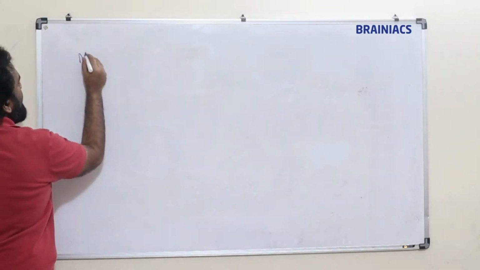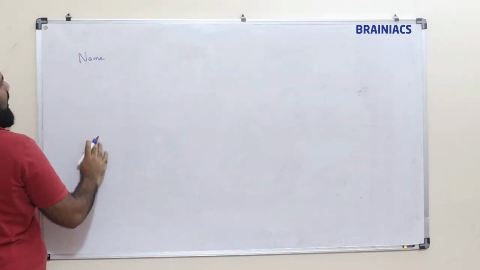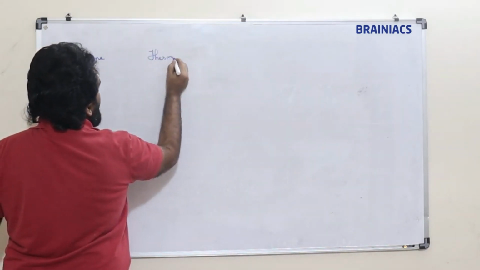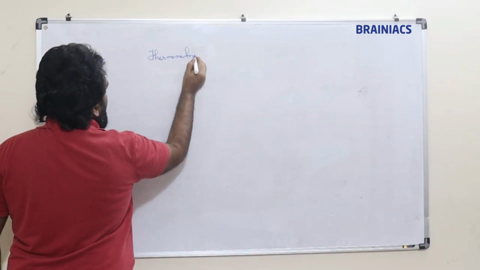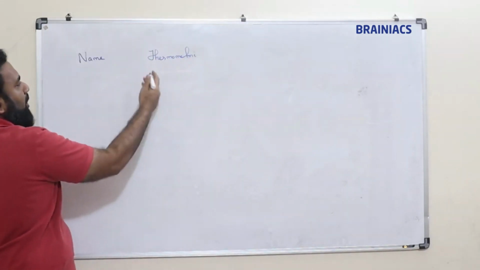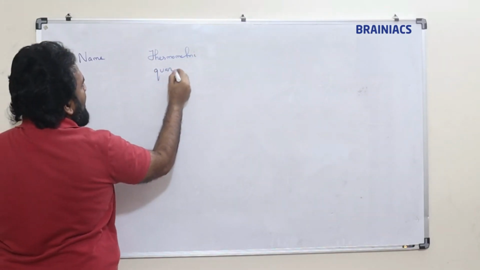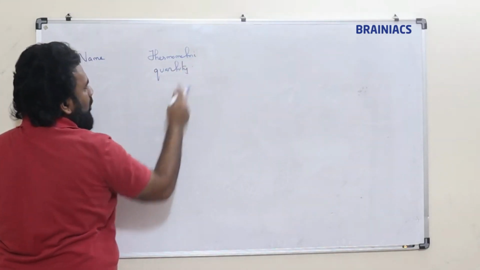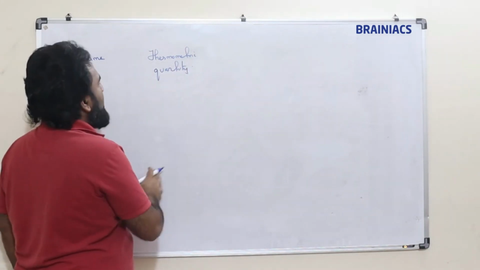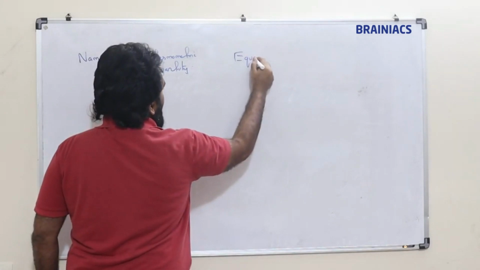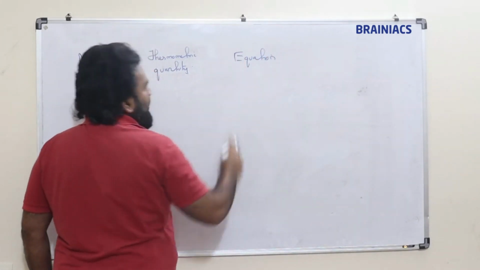Okay, so name, the thermometric property or thermometric quantity. Okay, thermometric quantity means whether it is volume or pressure or resistance, whatever it may be. Okay, then the equation.